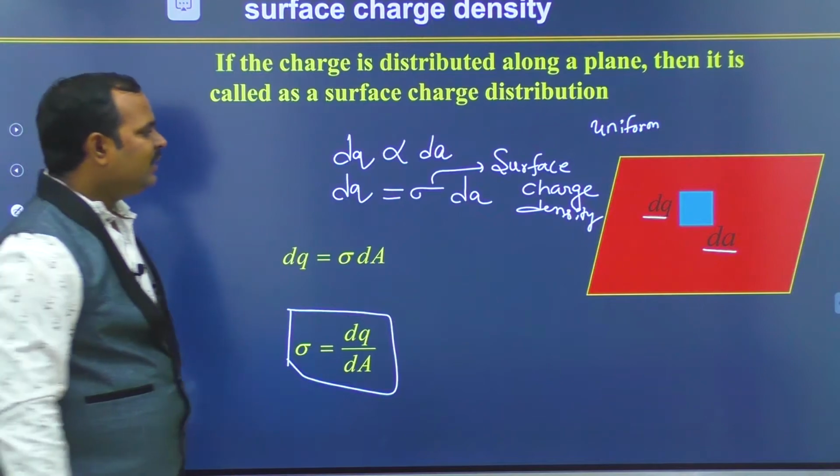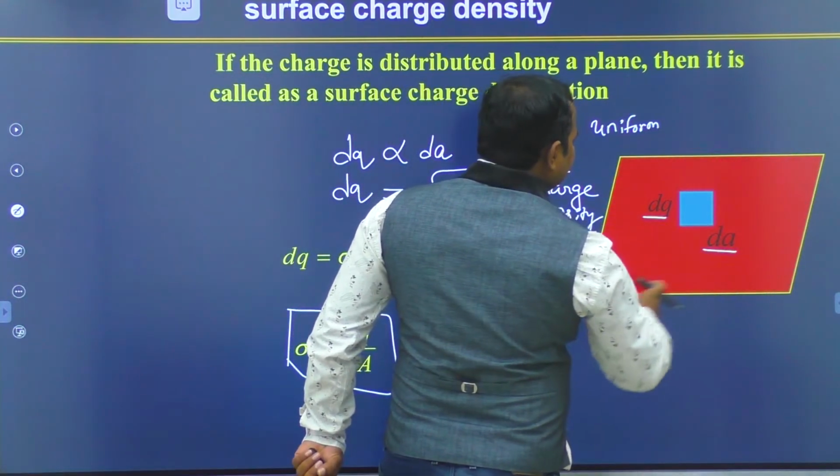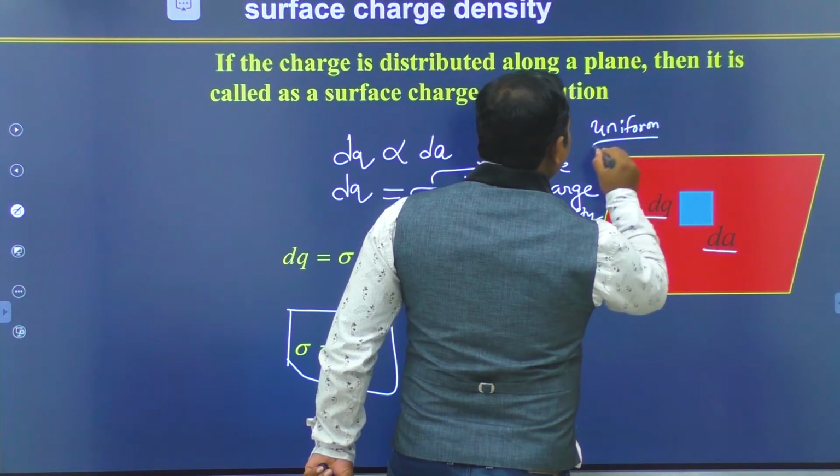This is only valid when the charge distribution in this plane is uniform.